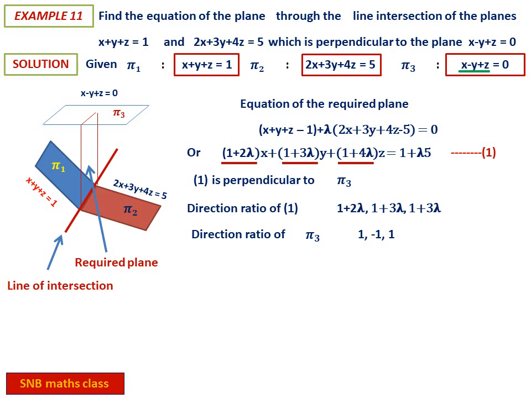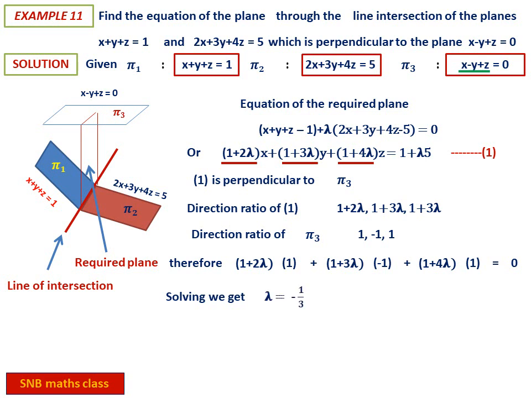Since the two planes are perpendicular, their normals must also be perpendicular. Therefore, 1 plus 2 lambda into 1, plus 1 plus 3 lambda into minus 1, plus 1 plus 4 lambda into 1, should be 0. The dot product of the normals should be 0. Simplifying, you get lambda equal to minus 1 by 3.